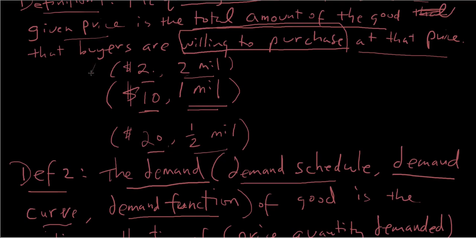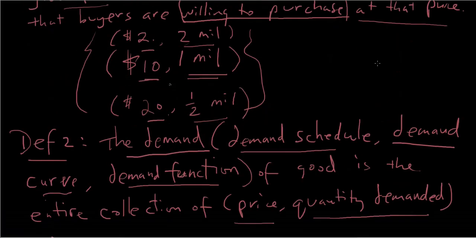If you collect all those pairs, there will be more. Like if it's $1, say 3 million. If it's $30, only say 250,000 people are willing to purchase, etc. Then if you collect all those price and corresponding quantity demanded pairs, we call this entire collection the demand.